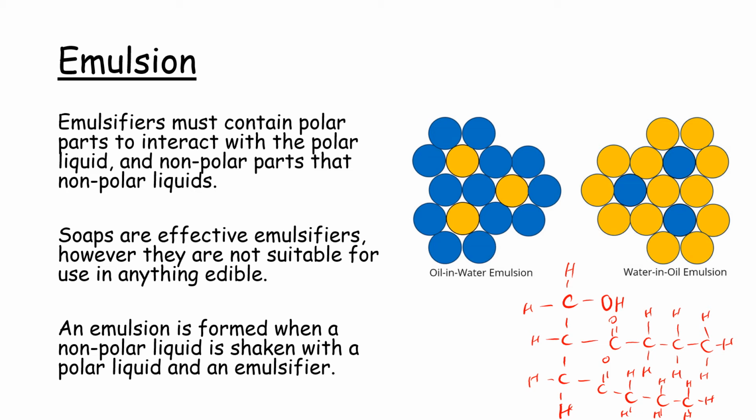It's important that emulsifiers have at least one OH group, or one hydroxyl group. It can have two, but it can't have three, because if it has three, then it's not going to interact with the non-polar liquid.